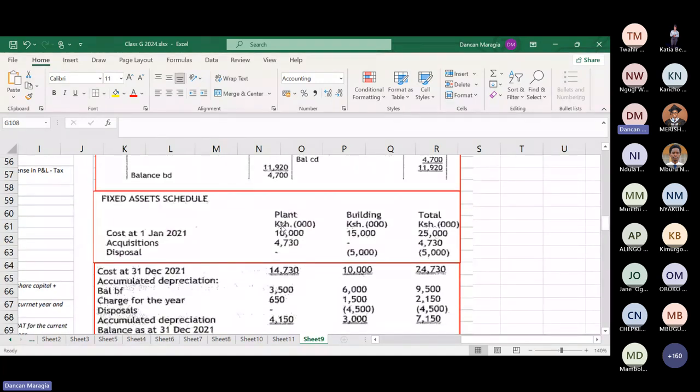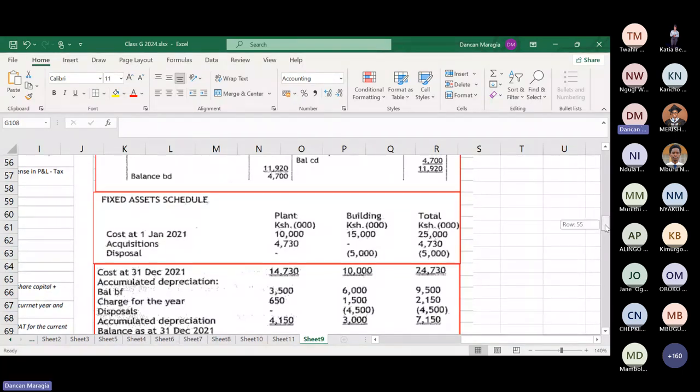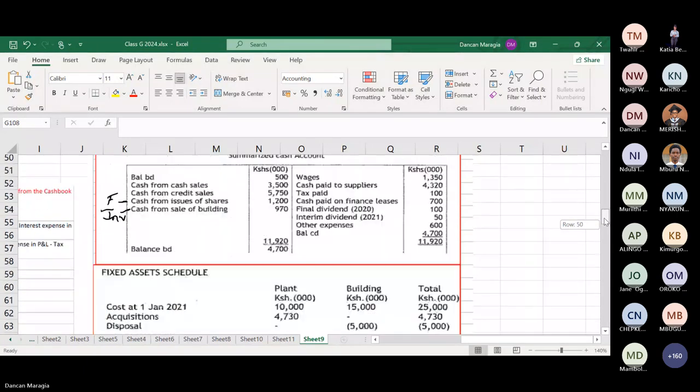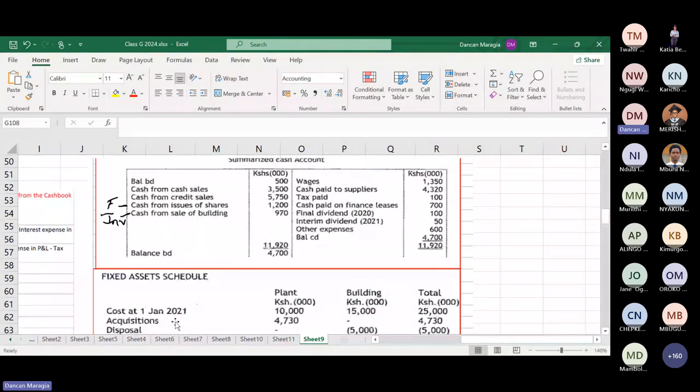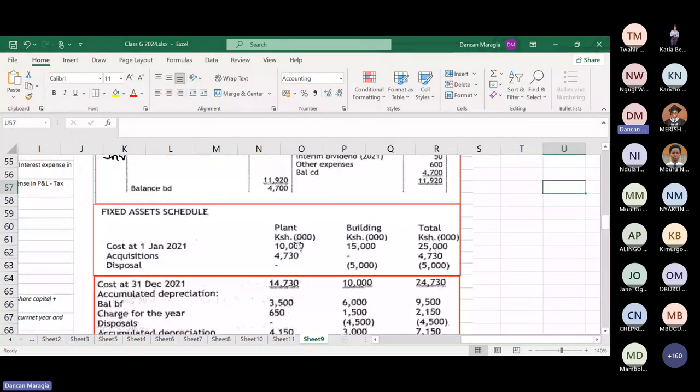So you had plant, you acquired buildings, total acquisitions of 4730, probably on credit, which could include payment to suppliers and payables, because we were not given its link to cash paid.